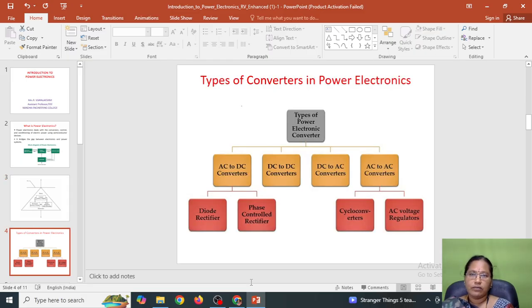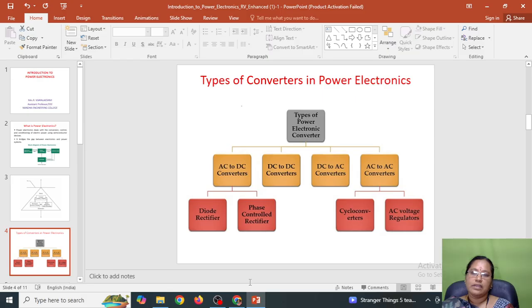The types of converters in power electronics. The power electronics converters are classified into four main types. AC to DC converters are called rectifiers. This has two types. One is the diode rectifier, an uncontrolled rectifier, which converts fixed AC voltage into fixed DC voltage. The second type is the phase control rectifier.